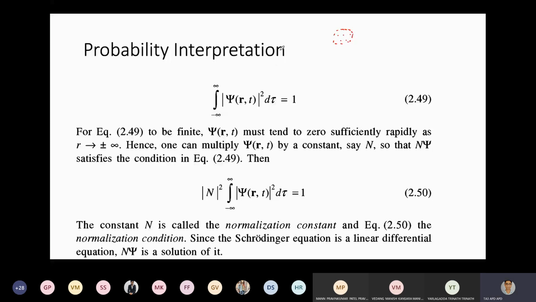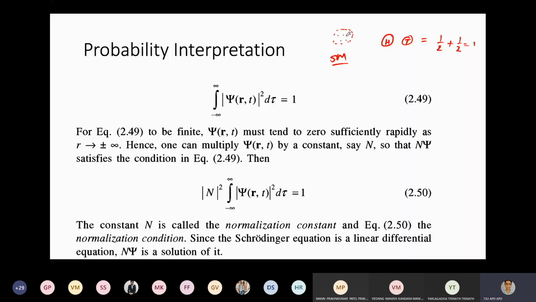According to standard statistical mechanics, for example the example of a coin, on one side there is head and on the other side tail. The probability for the head is 1/2 and the probability of the tail is also 1/2. So total probability is 1. So the total probability of finding the particle in the given region should be equal to 1.